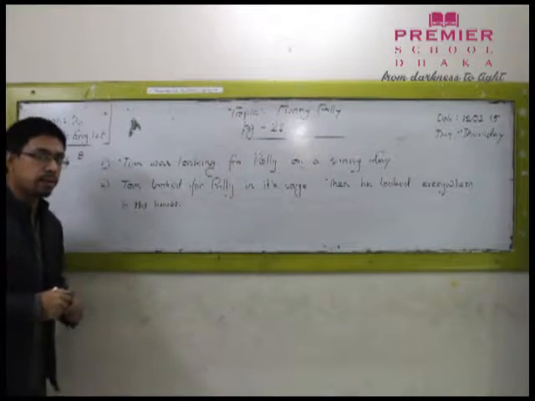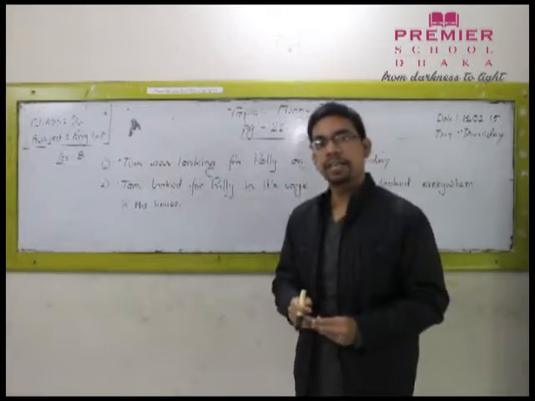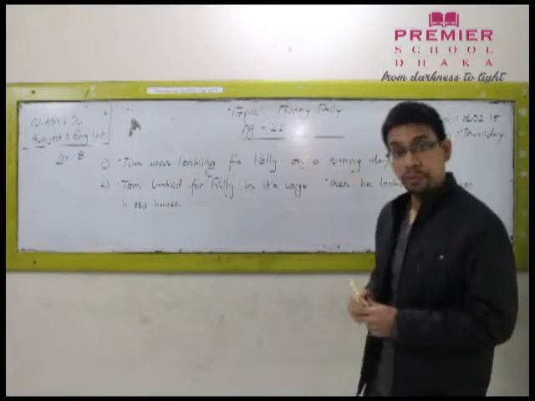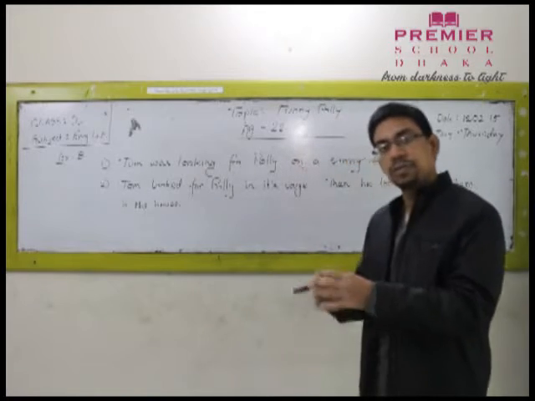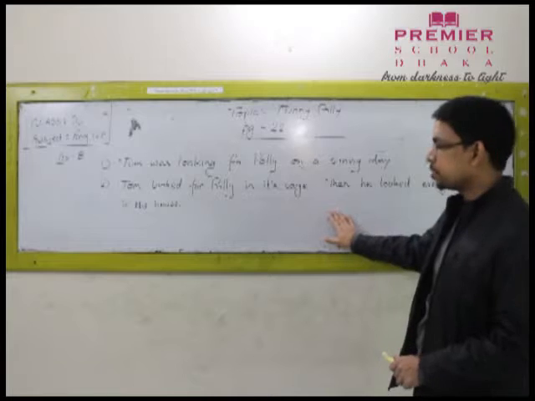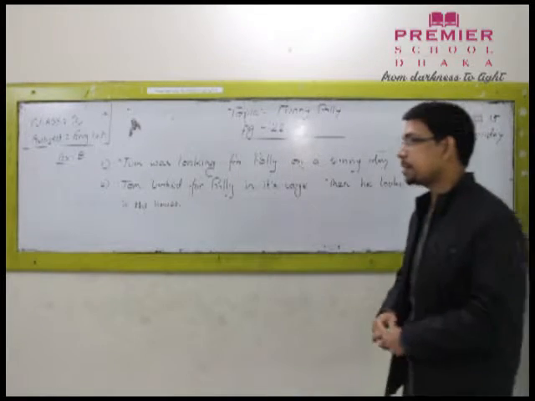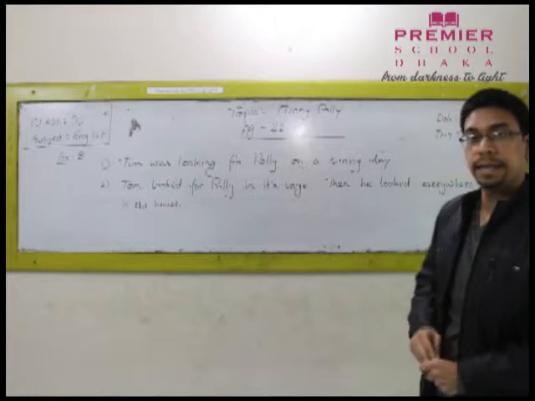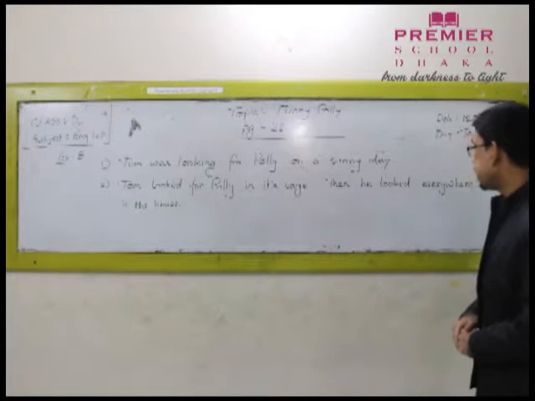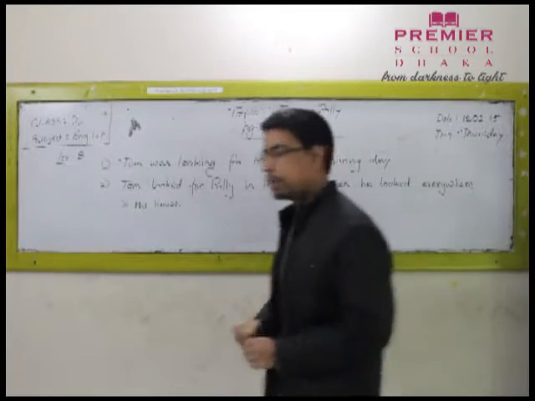To make it simpler, if you want to write down dining room, sitting room, kitchen, shed, you can write them down. You can write the names of those places in the house, or you can make a shortcut answer which is much more appropriate and much easier to remember: Tom looked for Polly in its cage. Then he looked everywhere in the house. Simple as that.